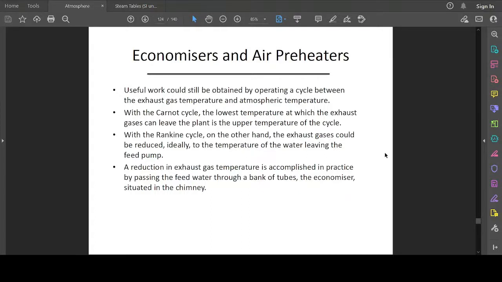And with the Rankine cycle, on the other hand, the exhaust gases could ideally be reduced to the temperature of the water leaving the feed pump. The reduction in the exhaust gas temperature is accomplished in practice by passing the feed water through banks of tubes, heat exchangers, and the economizer situated in the chimney.